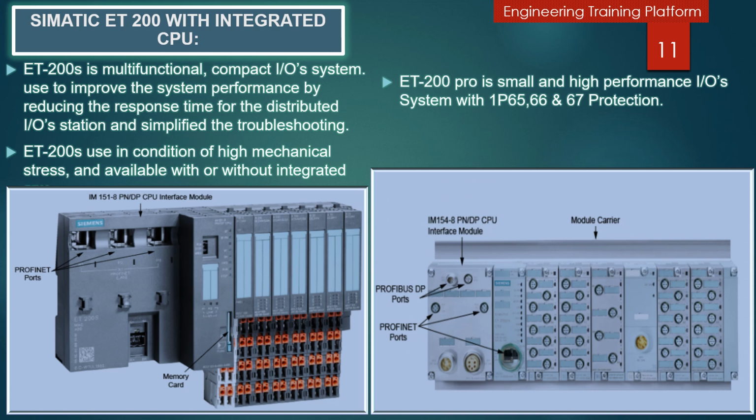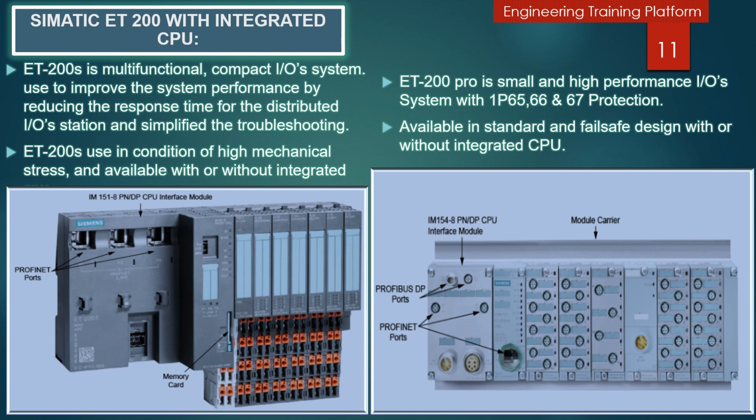SIMATIC ET200 Pro is a small and high performance I/O system with IP65, IP66 or IP67 protection. It does not require a control cabinet and can be mounted directly on the machine.